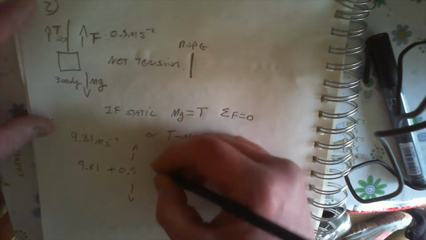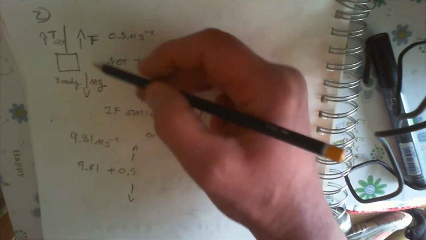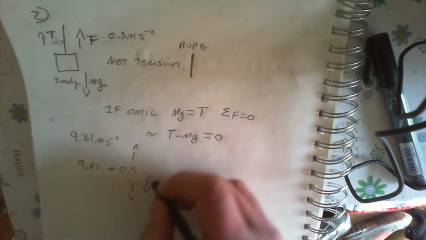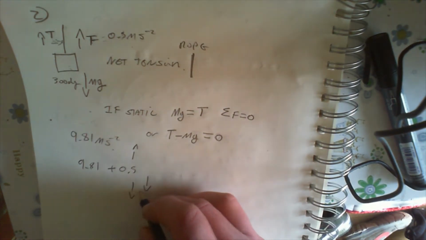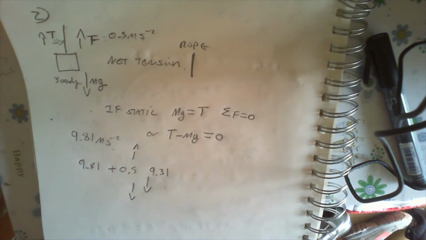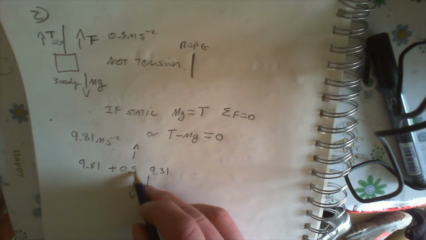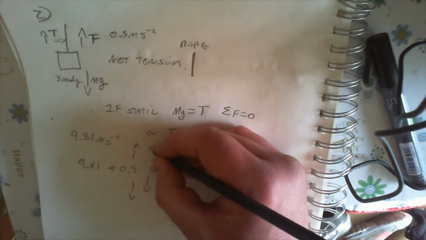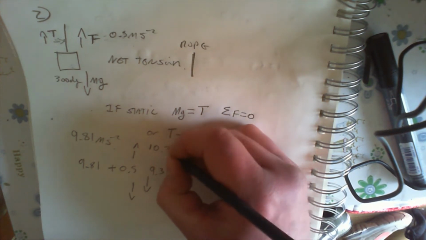So now say you were dropping this at 0.5 meters per second. The force would be acting in this direction. So therefore you would subtract that from that, 9.31, and up here we're going to add this 0.5 to it, so that's going to be 10.31.